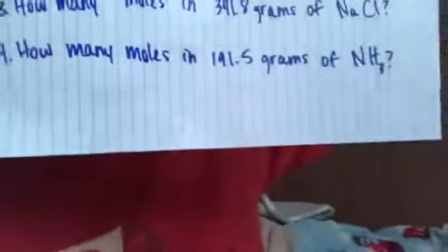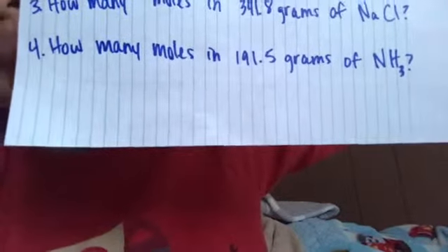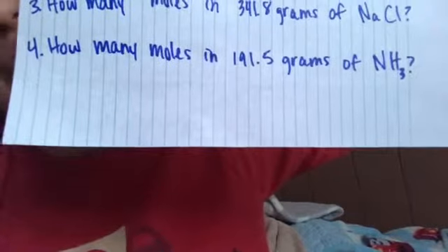Question number 4 asks how many moles in 191.5 grams of ammonia. So, ammonia is made out of NH3. So, we figure out that N, nitrogen, has 14.01 as a molar mass.